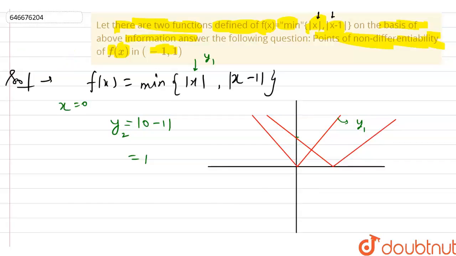Now we have to check this point. For checking this point, we should put y2 equal to 0, because on this axis my y is 0. So 0 is equal to |x - 1|, and from here I can say that my x is simply 1.